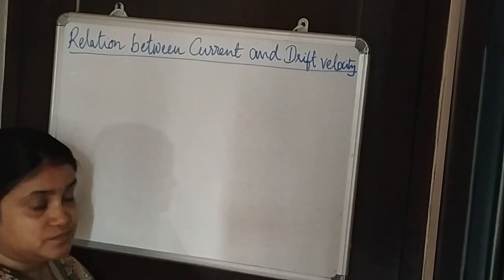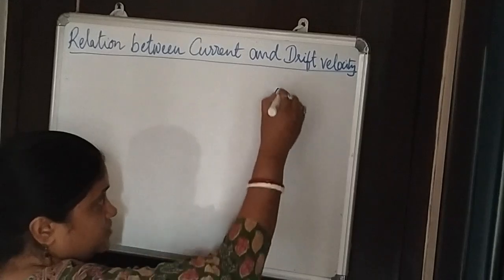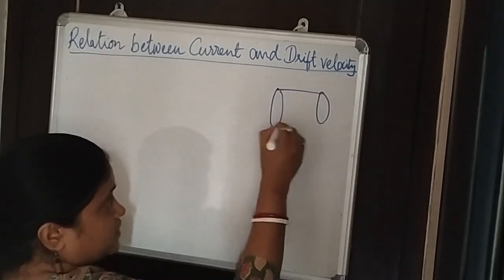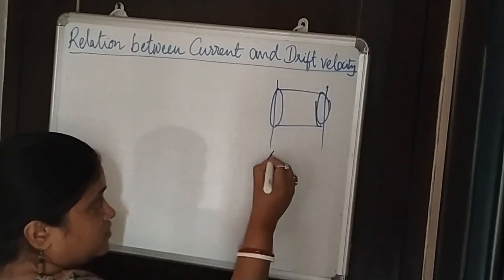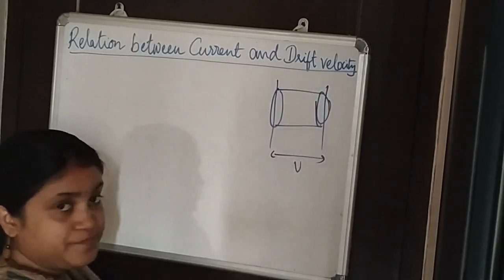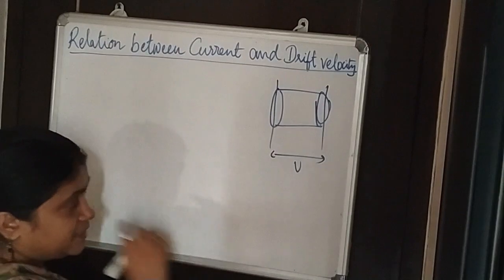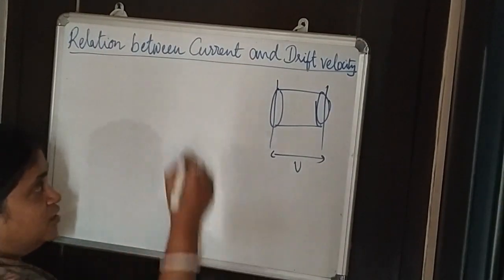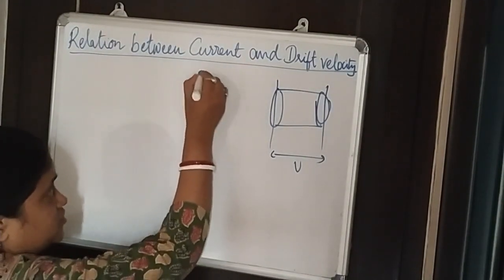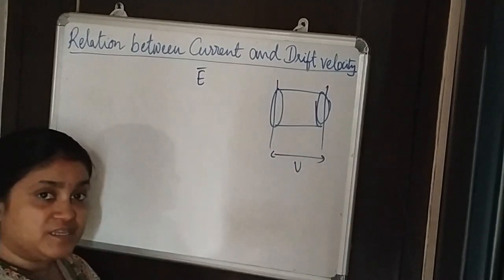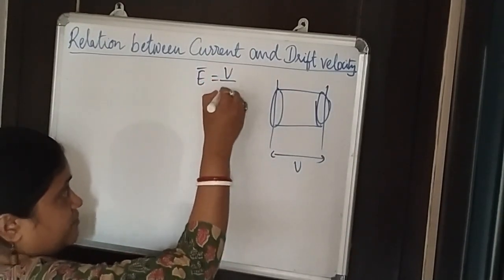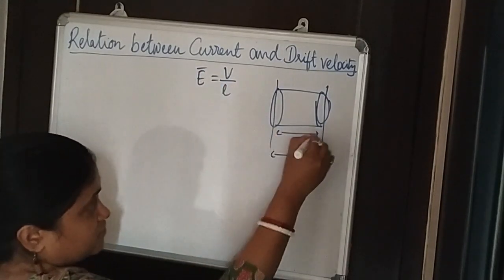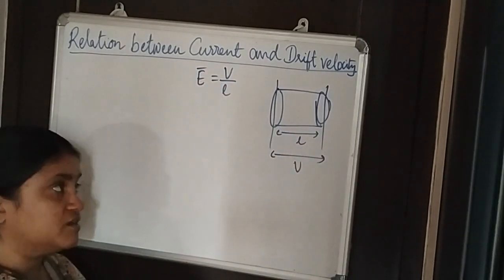So just imagine a conductor, and this conductor is being given a potential difference V, and we have seen that by giving the potential difference V, we will start to experience an electric field E, which would be given by V by L, where L is the length of this conducting wire or conductor.